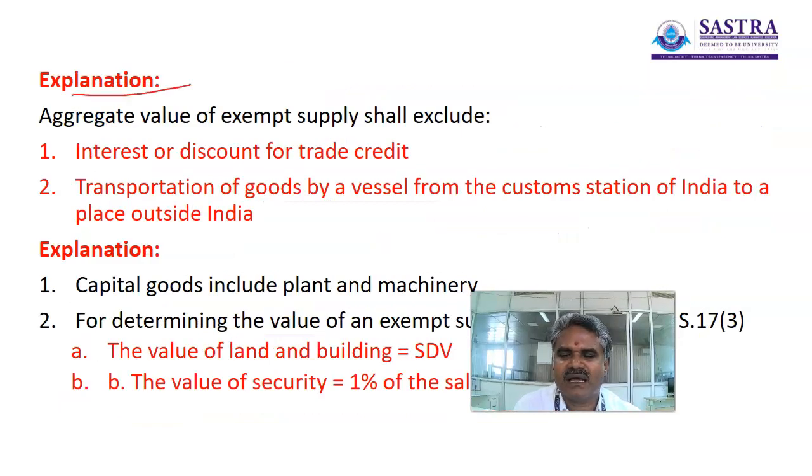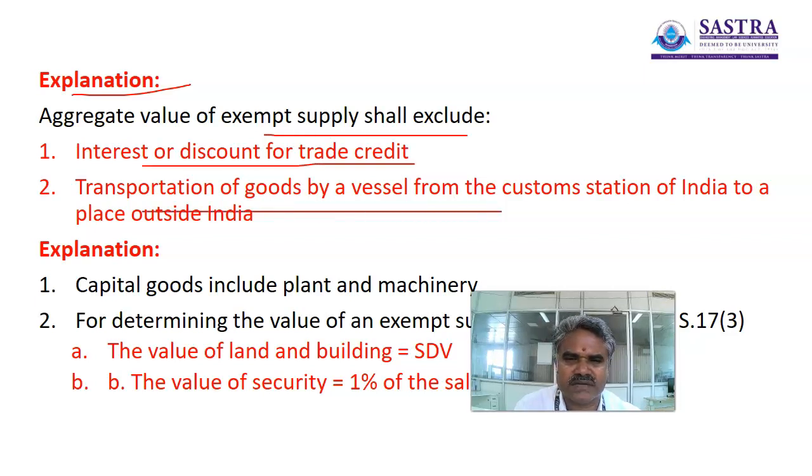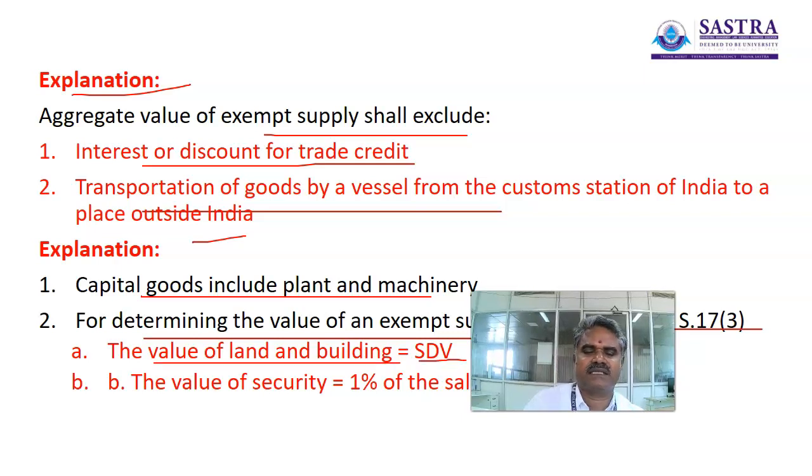Explanation: aggregate value of exempted supply shall exclude interest and discount, free transportation of goods in a vessel. Capital goods include plant and machinery. For determining the value of exempted supply, refer to the total value of land and building, SDV, and the value of security, 1%.